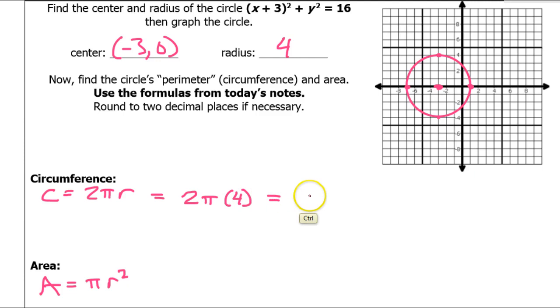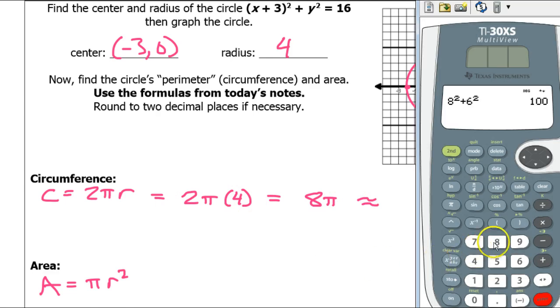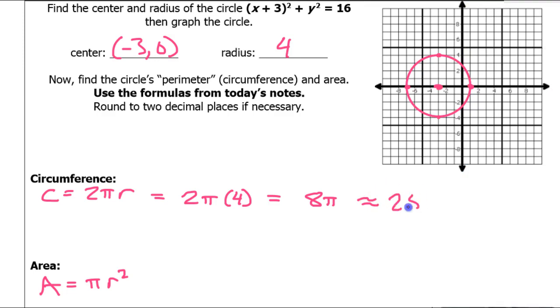Okay, so that's going to be 8 pi, right, because 2 times 4, which is approximately equal to 25.13. And I'll just say units to reflect the fact that it is a length, not an area.